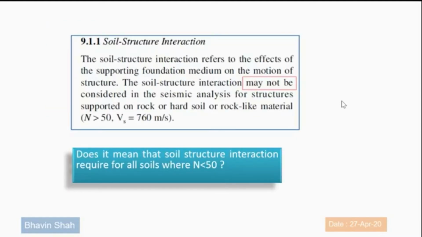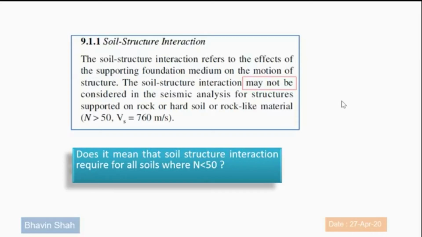This is a very important clause. It is talking about soil structure interaction. What is said in this clause is that the soil structure interaction may not be considered in the seismic analysis for structures which are supported on rock or hard soil.